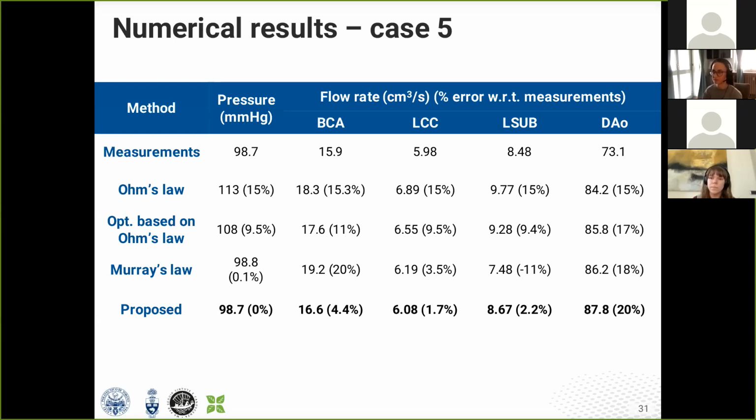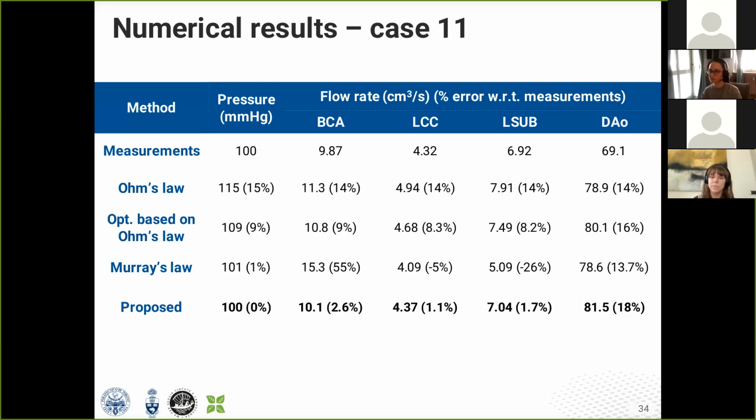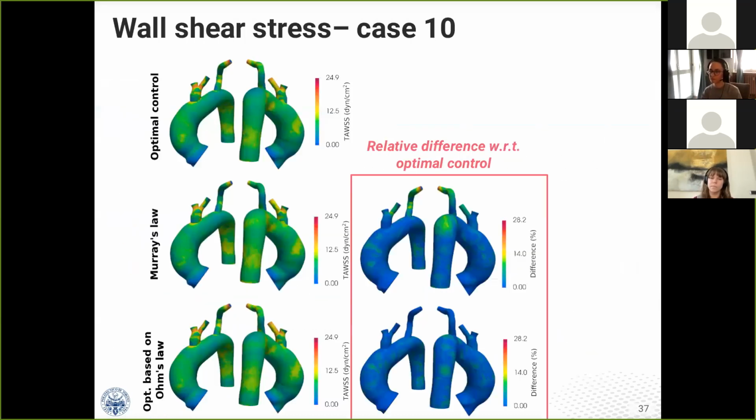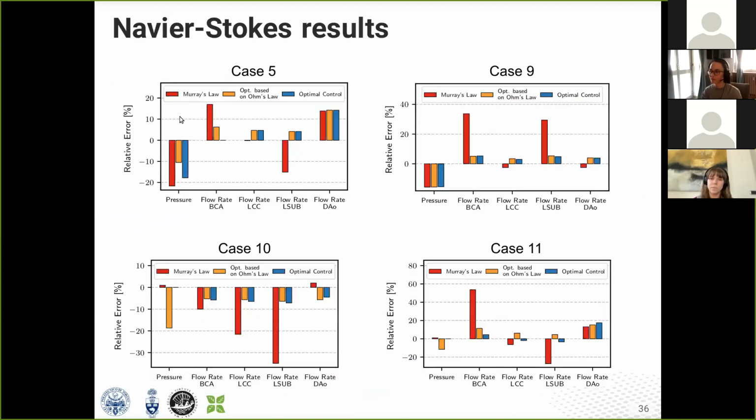I see. This is what I thought you would be doing, but then in your later slides, you seem to show an error on the results. Oh, no, the one before this. Yes. So this is the error between the measurements, like the flow rates that I obtained with the Navier-Stokes simulation, and the measurement with 4D Flow MRI.